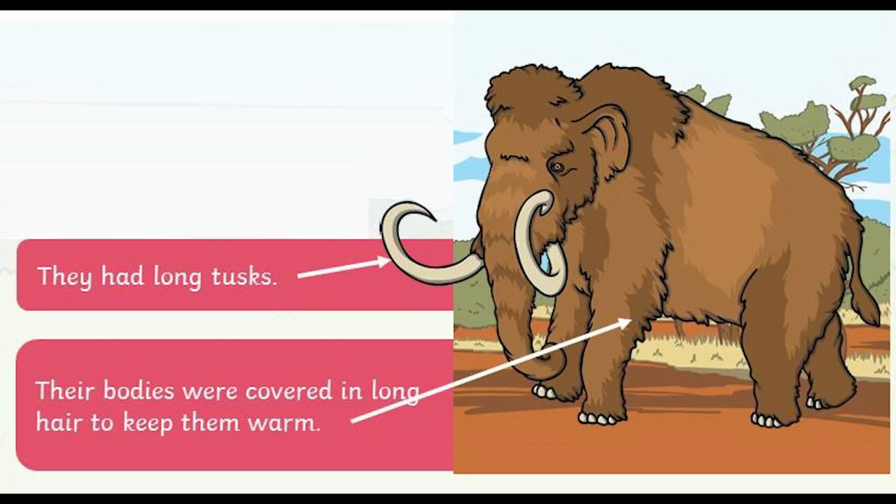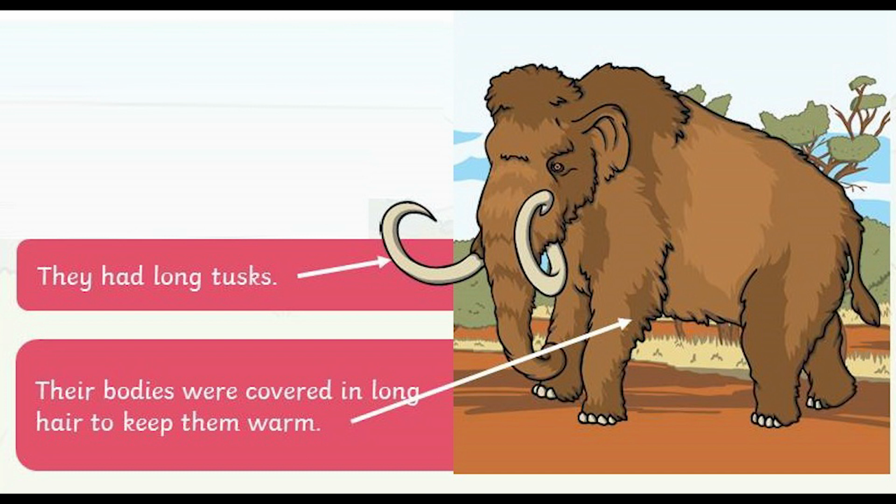If you thought this was an elephant, well, it's not a bad guess, but unfortunately it's wrong. If you look carefully at this animal, you should see that its body is covered in long hair. This hair is actually called wool, and it helps to keep them warm.